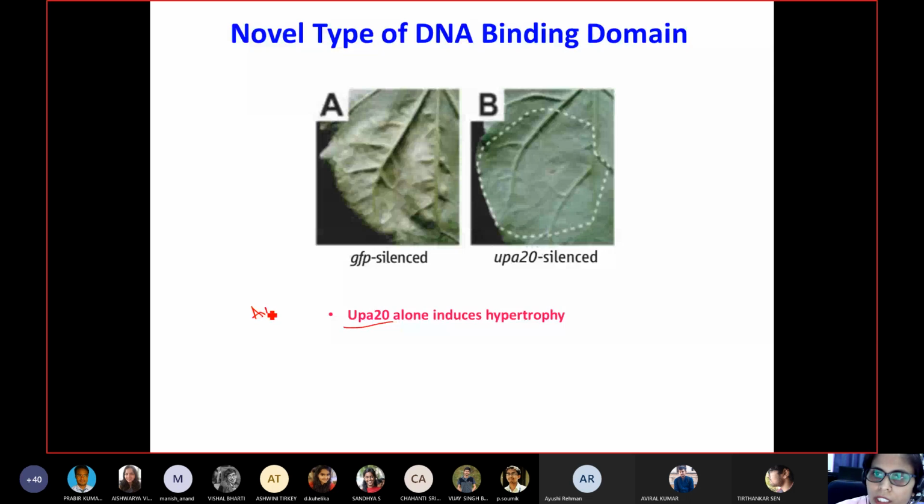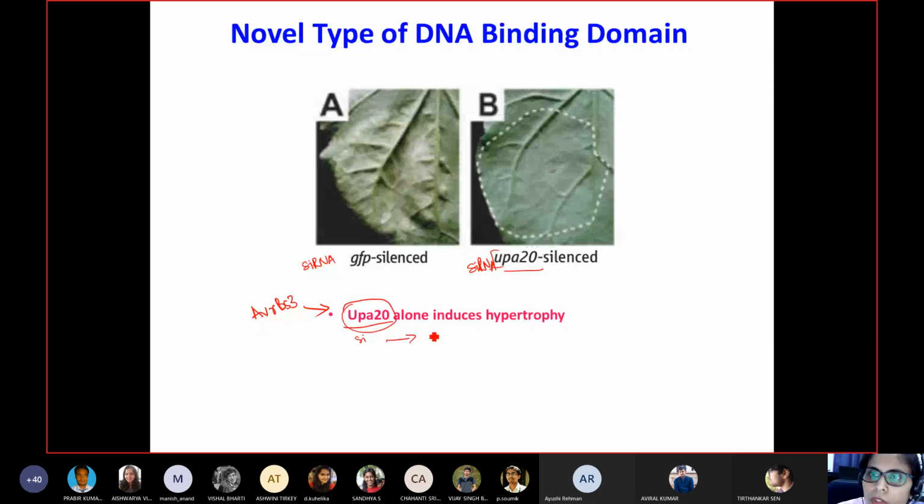In this assay, they used siRNA against GFP, and here they used siRNA against UPA20. That means you are silencing the protein UPA20. Since this is the direct target of AVRBS3, if you are silencing it, you are not creating any hypersensitive response.